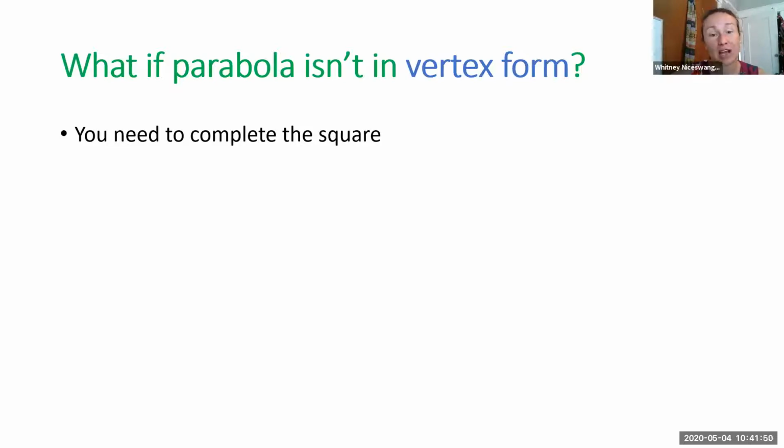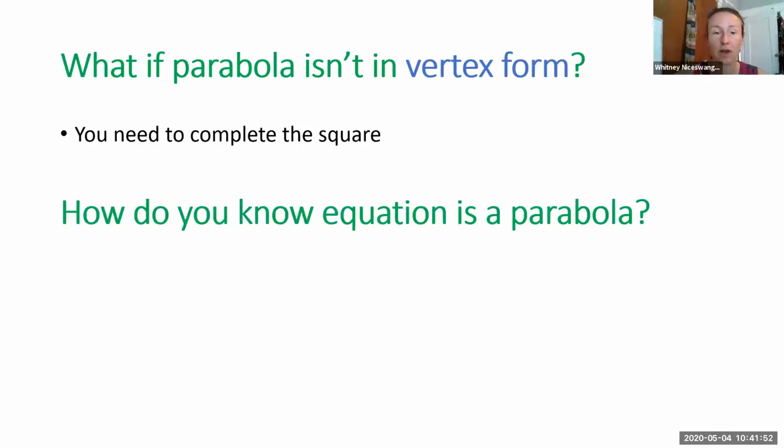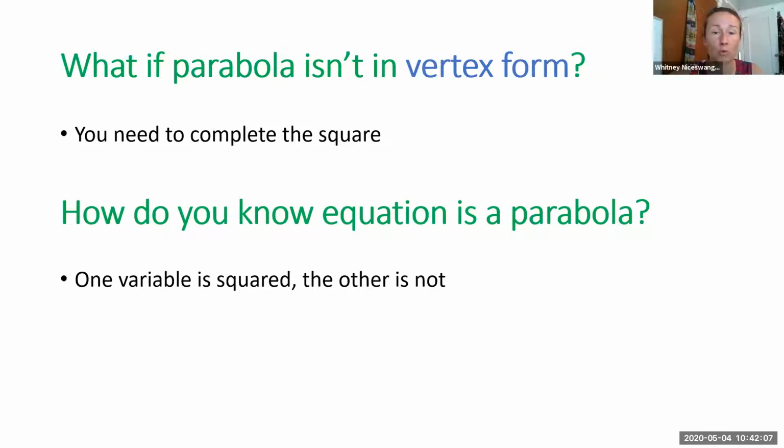Now we're gonna learn a lot of other equations too, other graphs. How do we know that our equation is the equation of a parabola? Okay, well, the one way you always recognize that you have a parabola and not some other shape is that one variable will be squared, the other variable won't be squared. So if X is squared and Y is not squared, you have a parabola that's opening up or down.